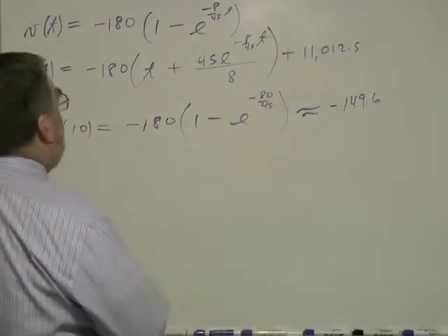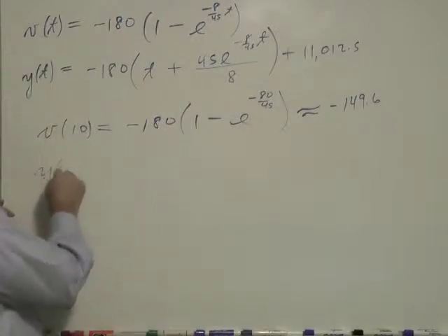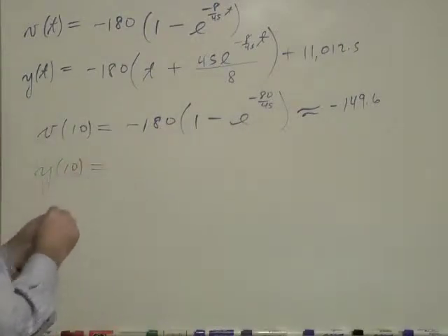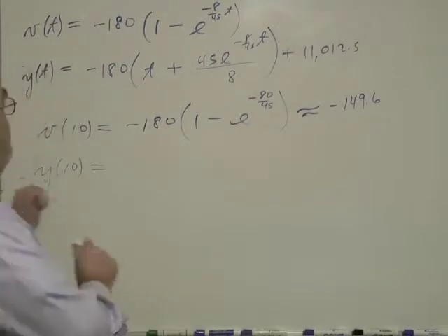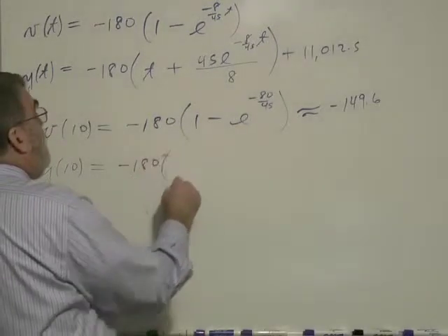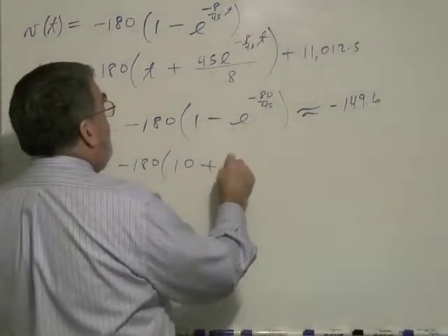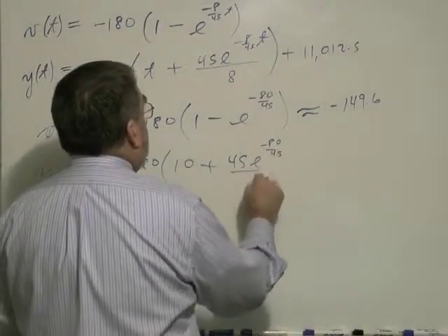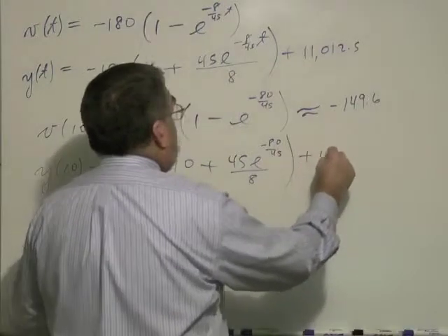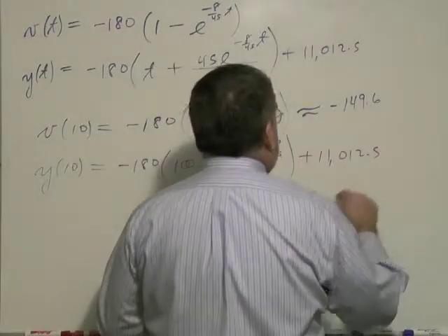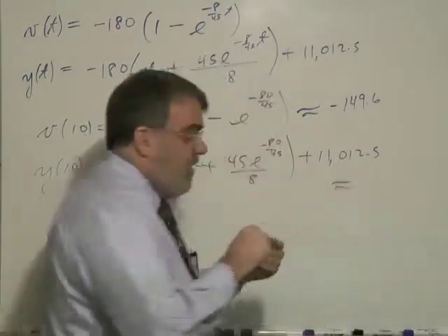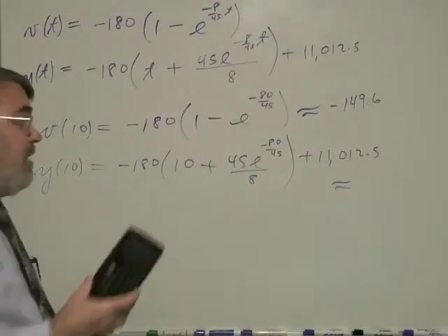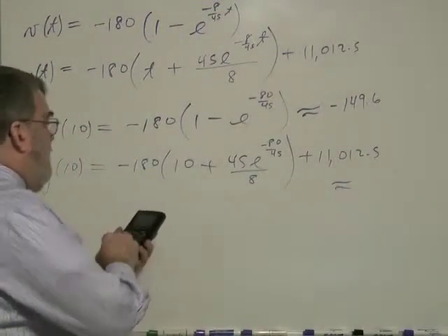All right, now altitude, y at 10 will be minus 180 parentheses 10 plus 45 e to the minus 80/45 divided by 8, plus 11,012.5. It's a bit of a more complicated calculation.